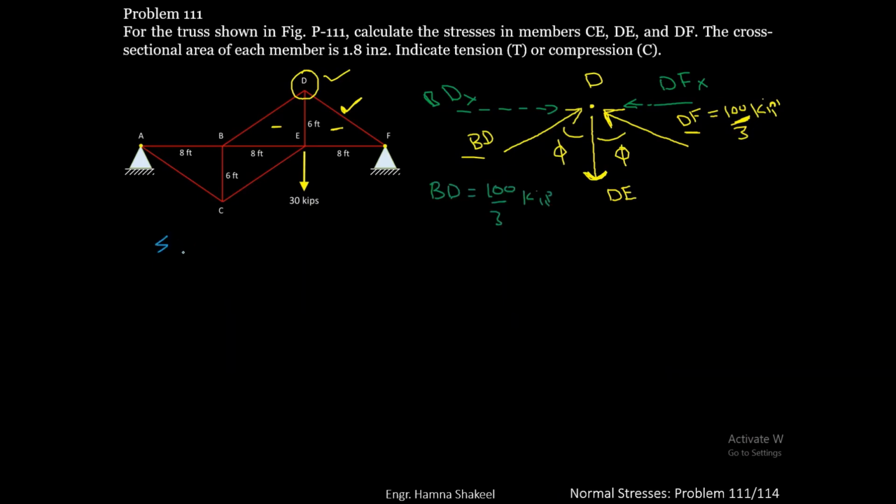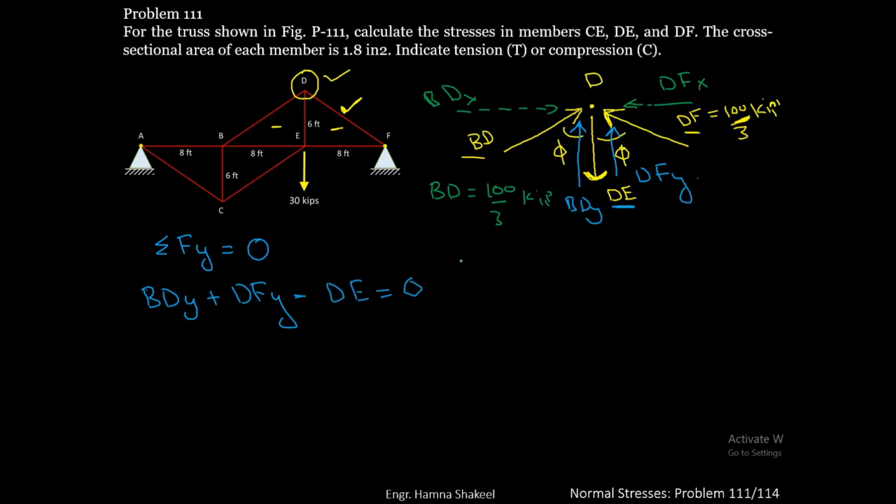Now let's apply the other equilibrium condition, sigma Fy equal to 0. This is the y component of BD and this is the y component of DF. So if you write the equation, it will be BDY plus DFY minus DE equals 0.